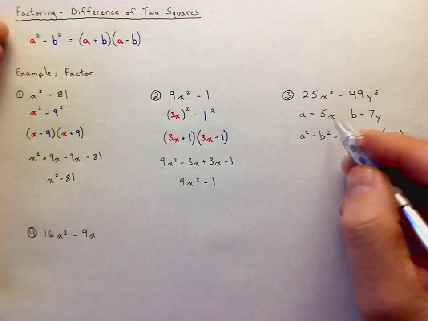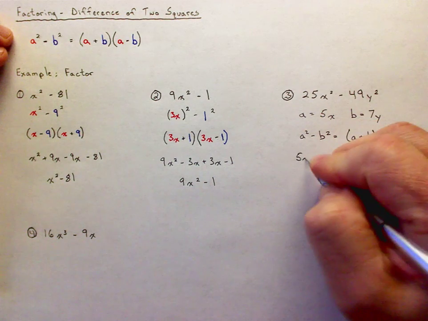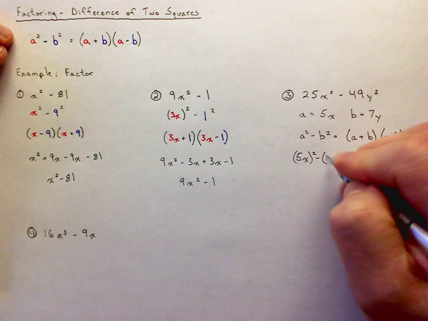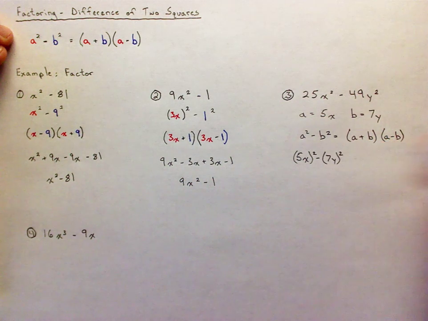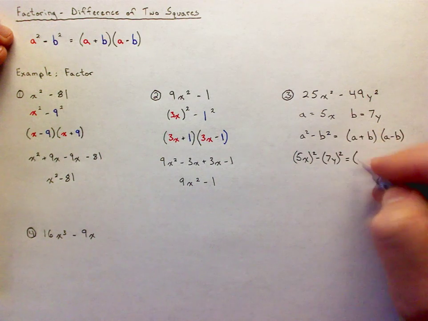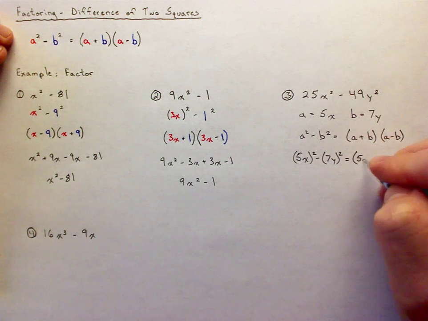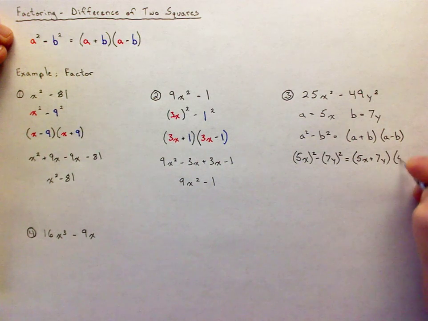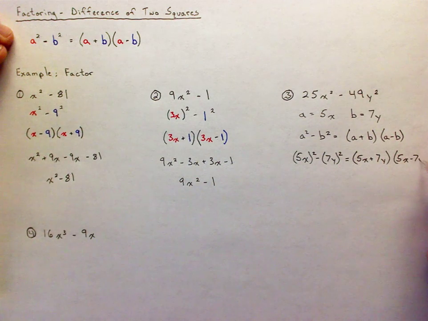Well, what is a? 5x squared minus, and b is 7y squared. So I just plug in those a's and those b's. 5x plus 7y times 5x minus 7y.